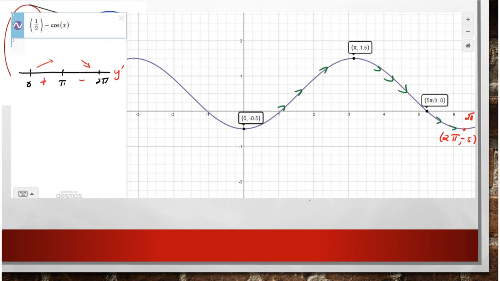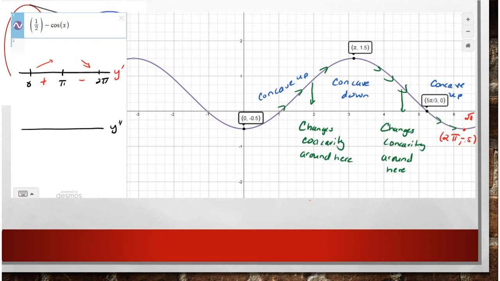That's what we're doing. Okay, the concavity, well, first it's concave up, then it's concave down, and then it's concave up again. And it seems to me that the important points for cosines are exactly those things you have to memorize on the unit circle. So my guess is that the concavity changes right around there and there. Where the concavity changes, that's what's called an inflection point.